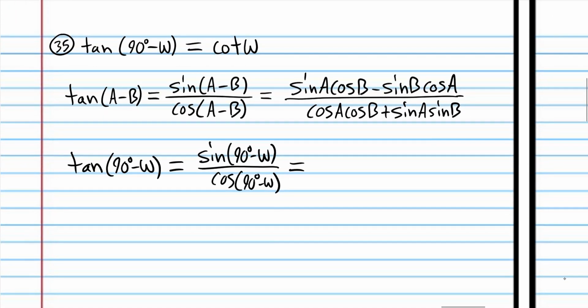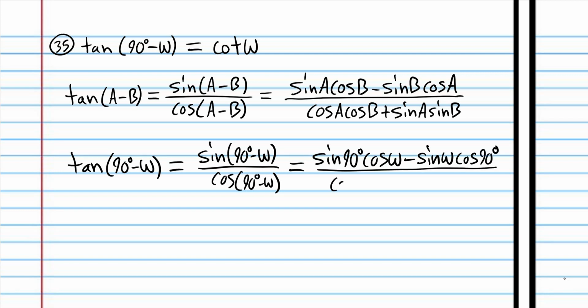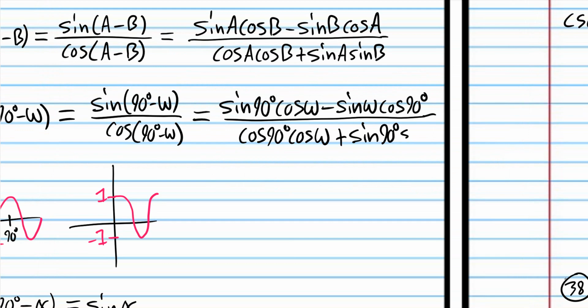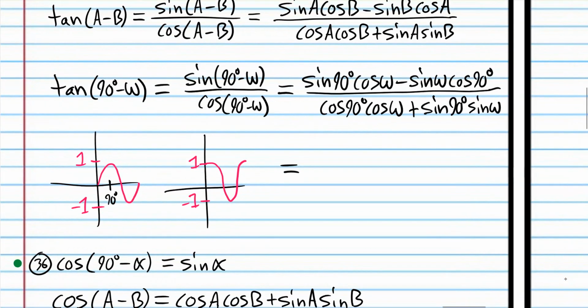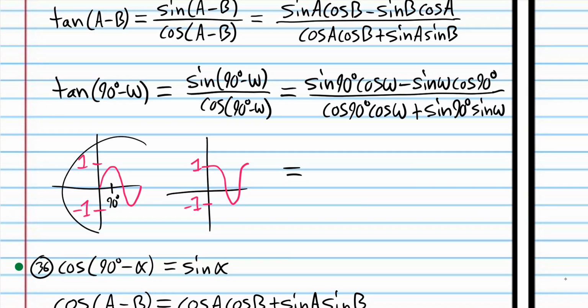And we can just plug in, so sine 90 degrees times cosine omega minus sine omega times cosine 90 degrees all over cosine 90 degrees times cosine omega plus sine 90 degrees sine omega, and sine 90, well, look at your sine curve.